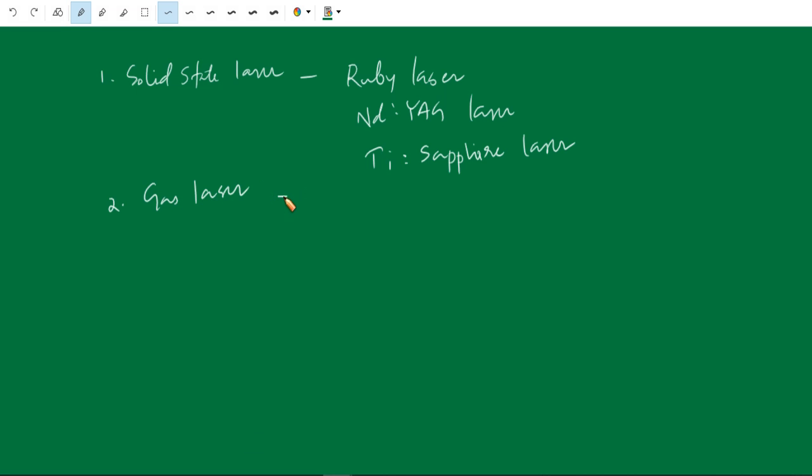Gas laser examples: helium neon laser, carbon dioxide laser, argon laser. So these are the different types of gas lasers. Then the third one is the semiconductor laser. In a semiconductor laser, diodes are used, or diode laser.